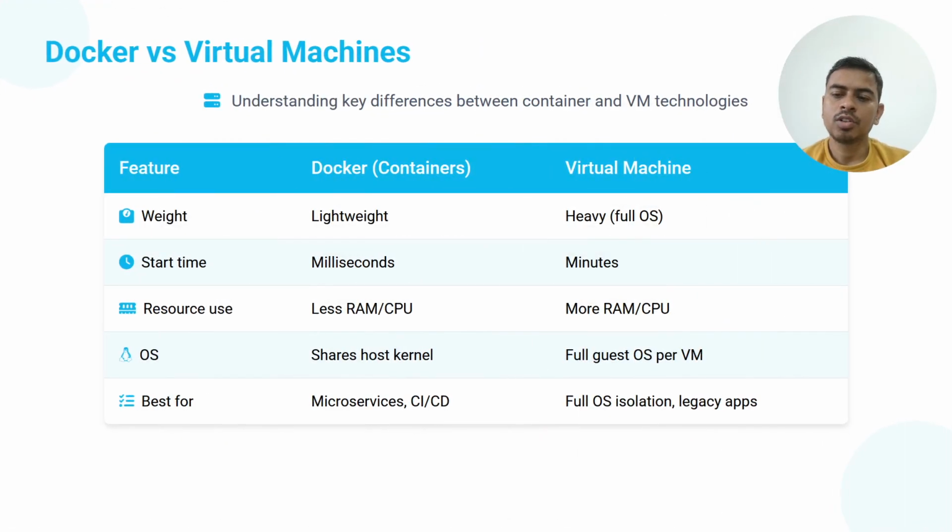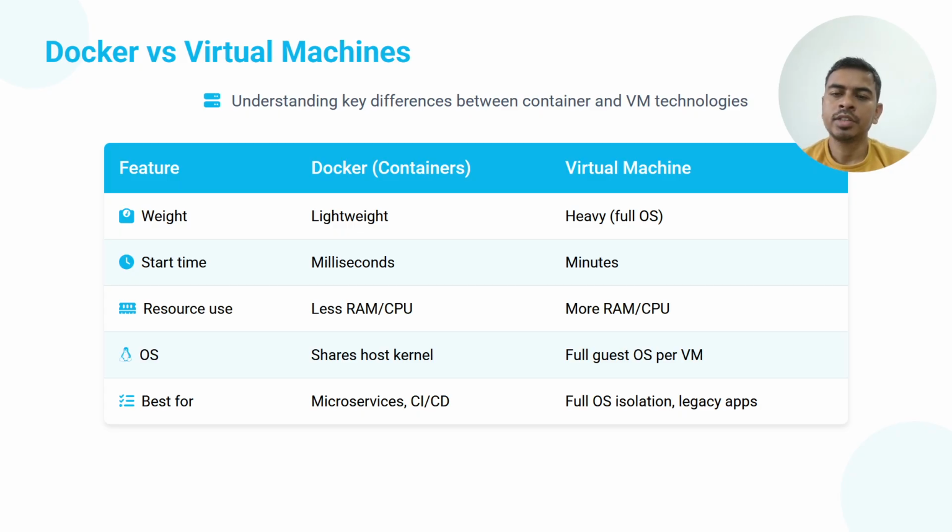So next is Docker versus virtual machine. What is the difference between Docker and a virtual machine? First, the OS: Docker shares the same host OS, so we don't need a full OS, whereas a virtual machine needs the full OS. Then boot time: Docker starts in milliseconds, but a virtual machine takes up to minutes.